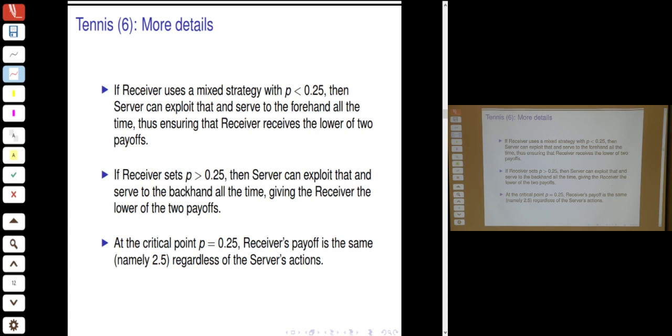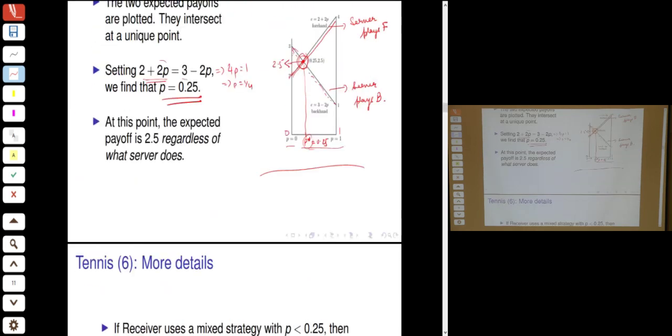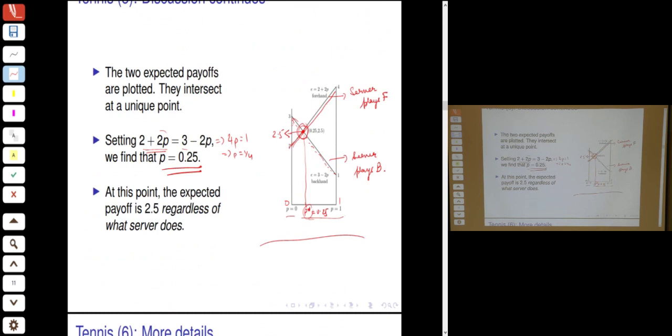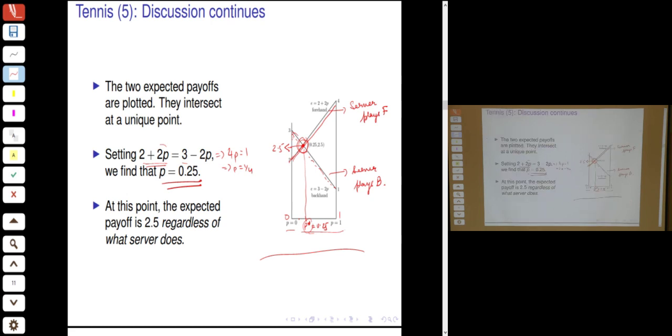Now what will happen if the receiver uses a mixed strategy? If the mixing parameter for the receiver, that is P, is a value less than p star, what will happen in that case? Well, he will actually gain in terms of expected payoff if the server chooses to play backhand, because if you take P here, which is smaller than p star equal to 0.25, of course, for the second curve, the payoff is higher than this level.